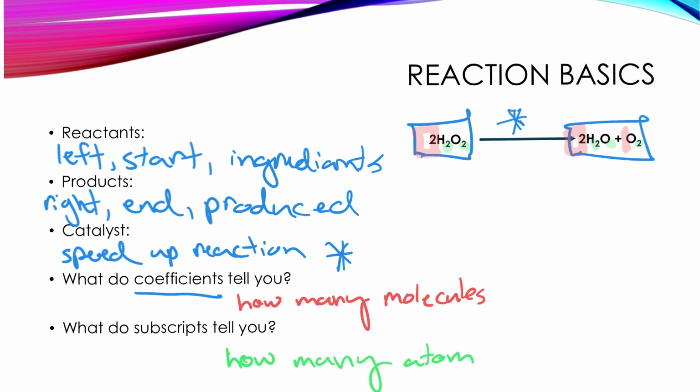So you want to pay attention to that. You're going to see here that in 1 molecule of hydrogen peroxide, there are 2 hydrogen atoms. And so in 2 molecules, there's a total of 4 hydrogen atoms. That's what we're really going to be paying attention to, using these coefficients and subscripts.